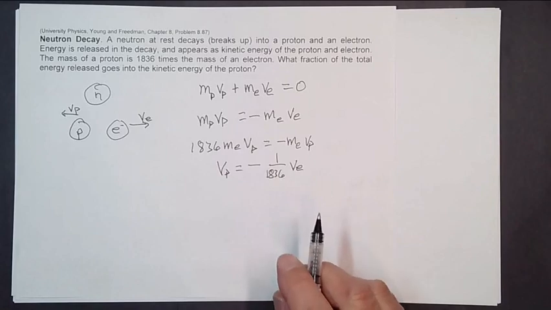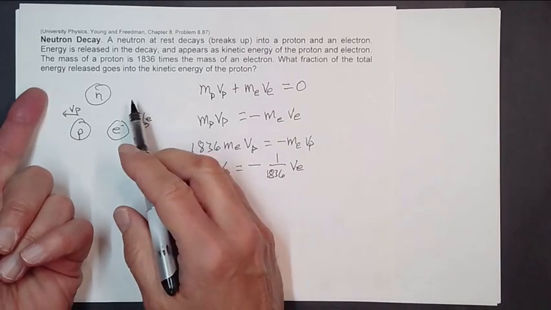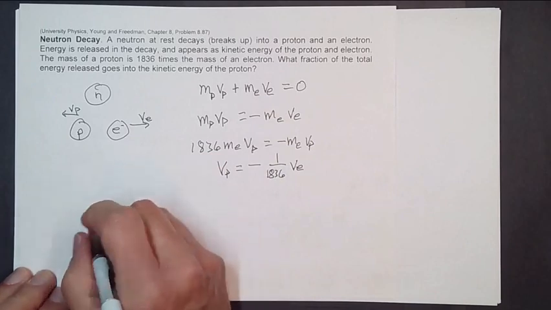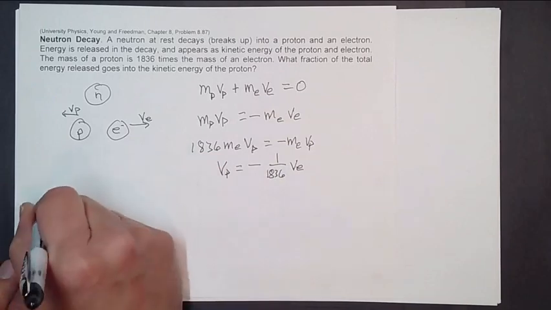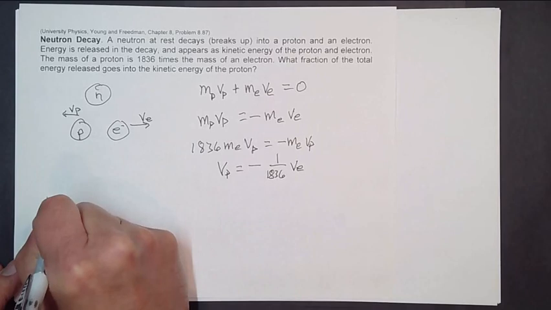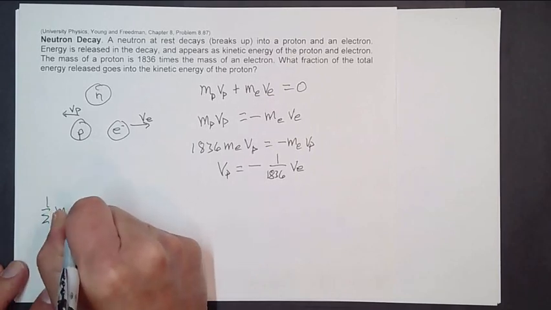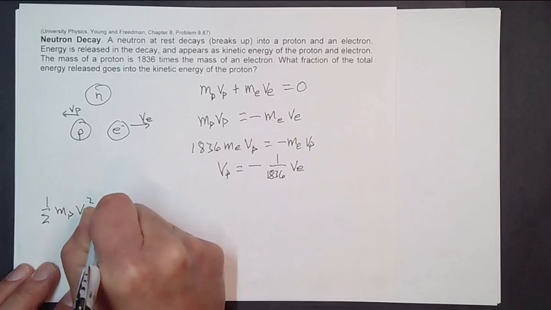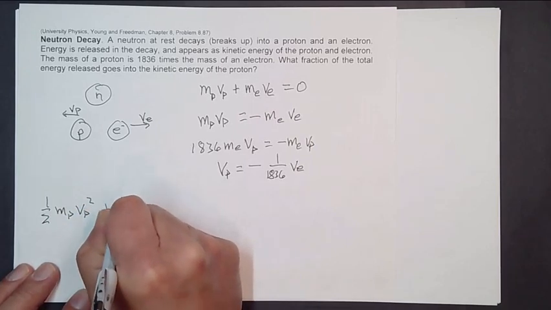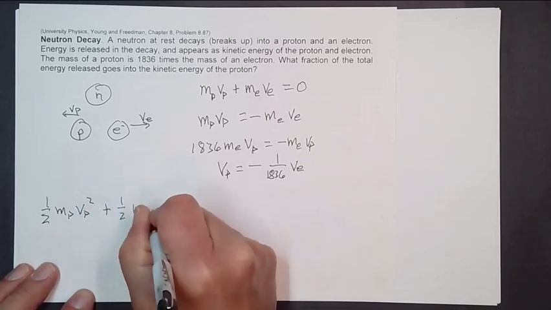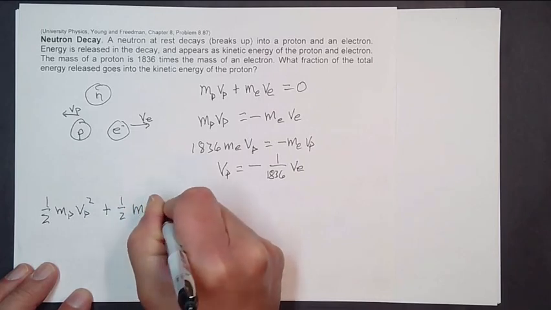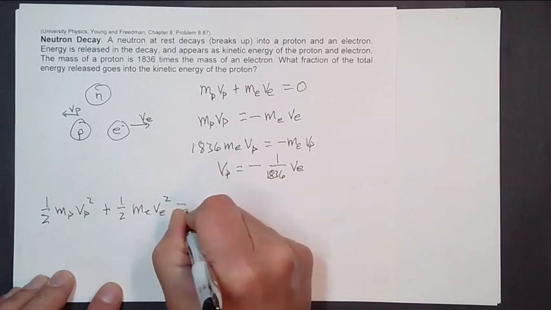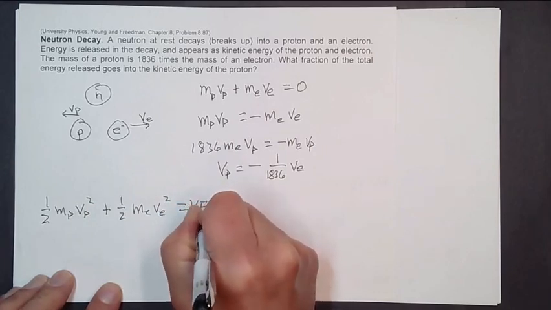Now, what about the fraction of the total kinetic energy released? Well, here's the kinetic energy that's released. It'll be 1/2 the mass of the proton times the velocity of the proton squared plus 1/2 the mass of the electron times, actually it's the speed squared, the speed of the electron squared. That's KE total.